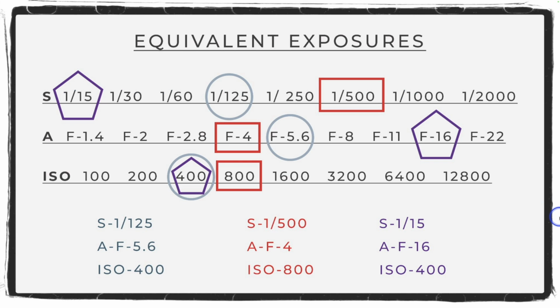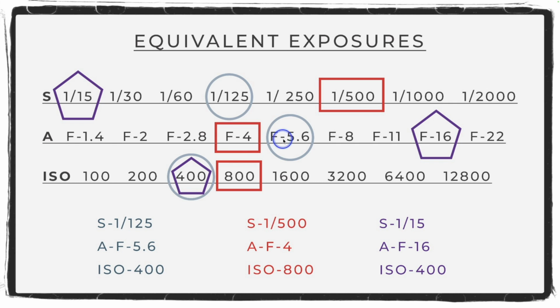So let's take a look at the ever so unpopular numbers. Yes, I know this can be a little confusing. I did my best to color code this and change everything. Our first set of numbers right here, 1/125th of a second, using the circle in gray, aperture of 5.6 and ISO of 400.